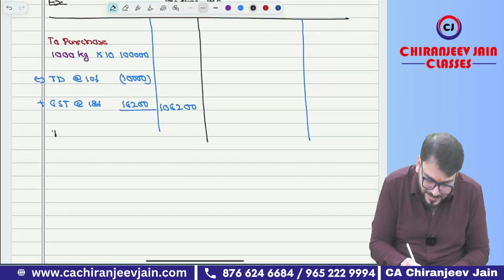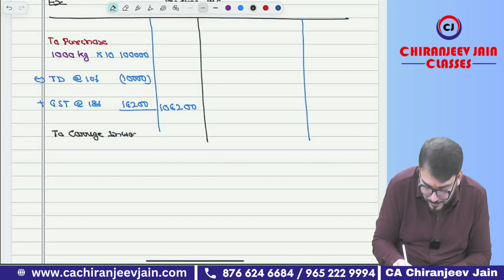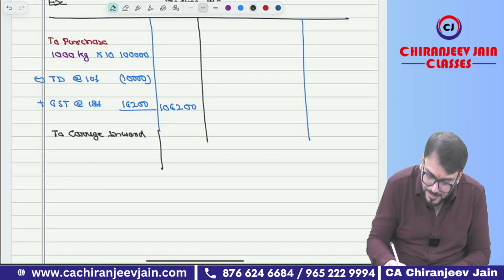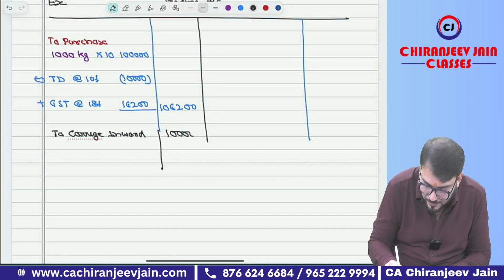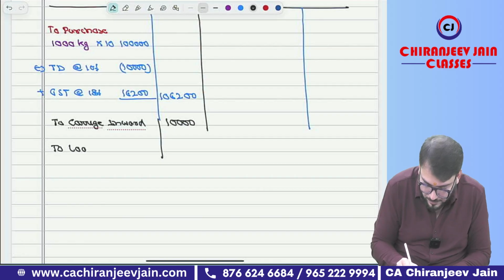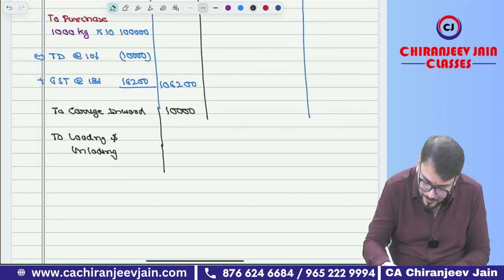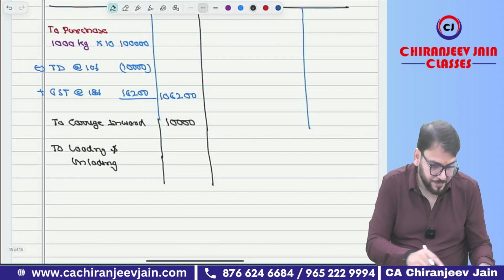Then you have incurred some transportation expenses, carriage inward, let's say 10,000. Then there is some loading and unloading, correct?